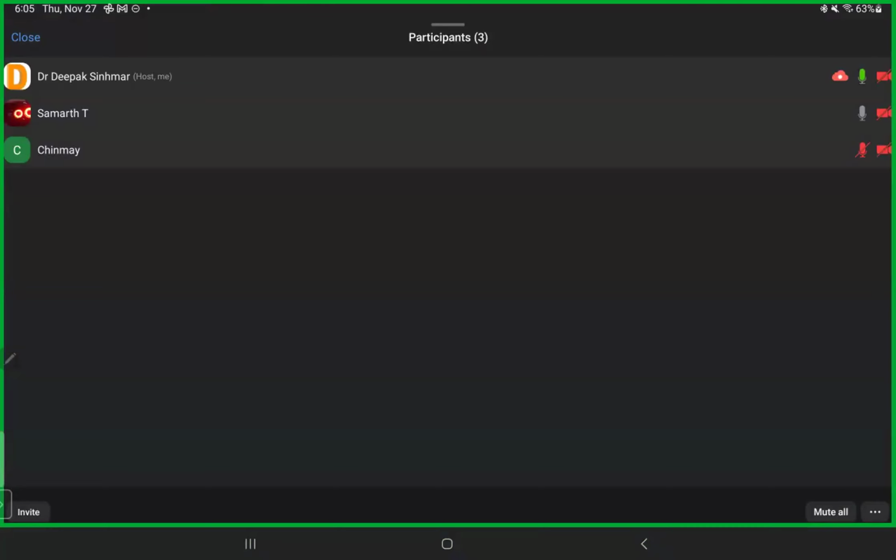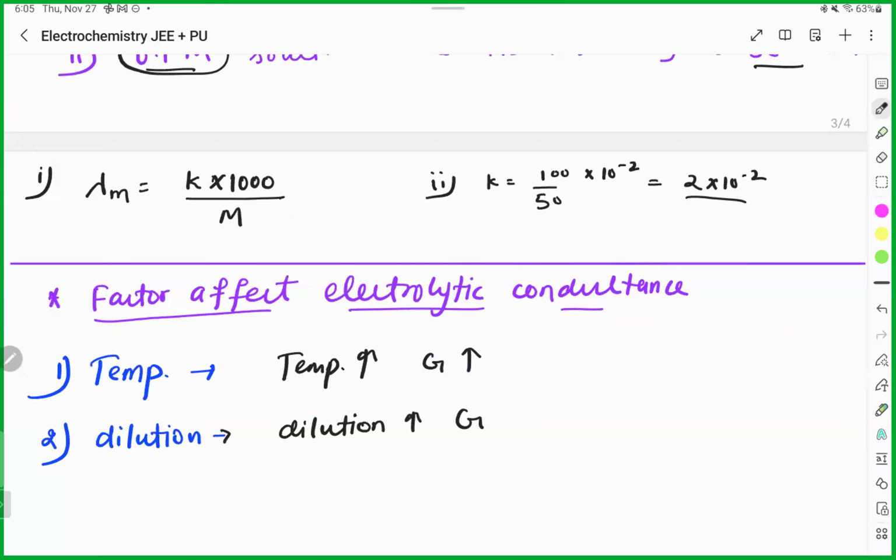Samarth, you tell me. What is the impact of the dilution on the conductance? Well, I think it should increase, because if you dilute, then there will be more ions available from dissociation. Sir, but we are being told that it increases by very small values. It depends which one you are taking. For example, in case of strong electrolyte, when you dilute, then interionic force will decrease.